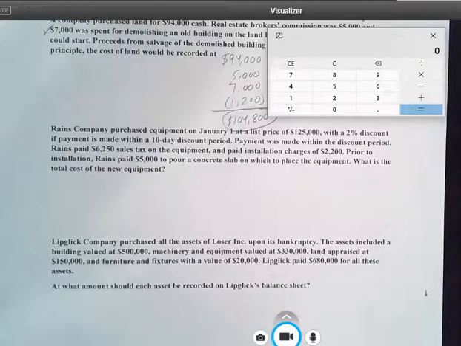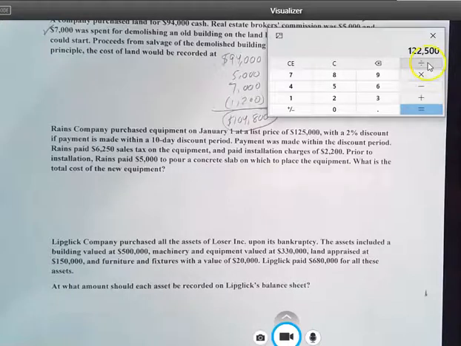Okay, so if we take this discount, that means we never paid that particular 2%. So all we have to do to figure this out is just take our purchase price and multiply it by 1 minus the discount rate, which is going to give us 0.98.